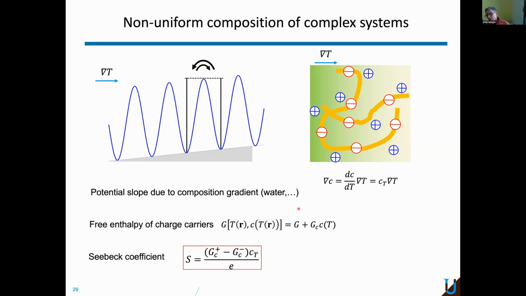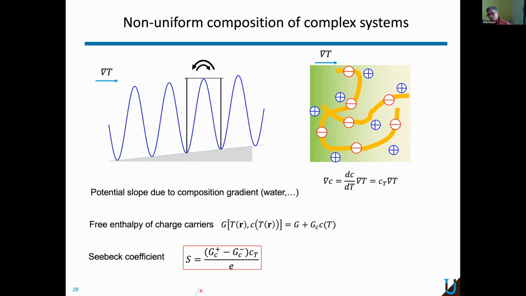And this right now is G plus G, and this is now the derivative with respect to the concentration, and then this concentration. Then again you can easily work out the Seebeck coefficient, and what one finds is that the Seebeck coefficient now takes such a form: the additional term, so you have the ratchet effect you have seen before.